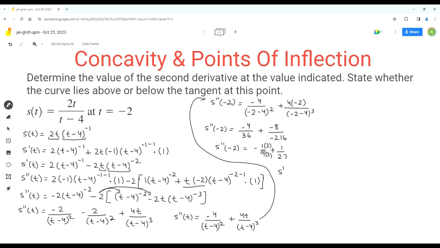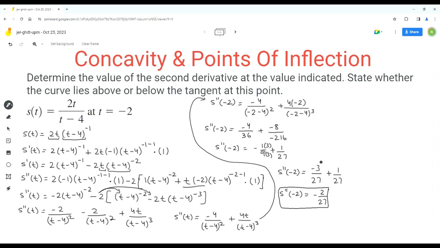So we get negative 3 over 27 plus 1 over 27, and now we can combine these fractions. So negative 3 plus 1 is equal to negative 2. So we get negative 2 over 27. So this should be the final answer for the value of the second derivative at t equals negative 2.